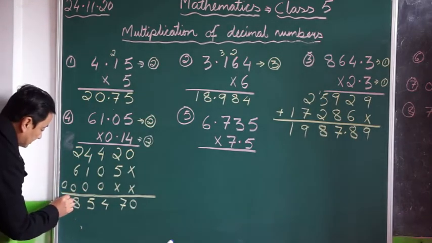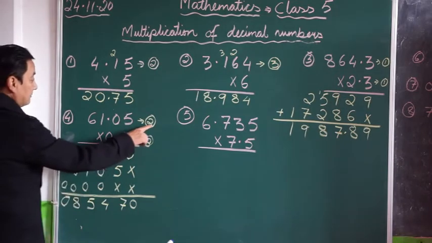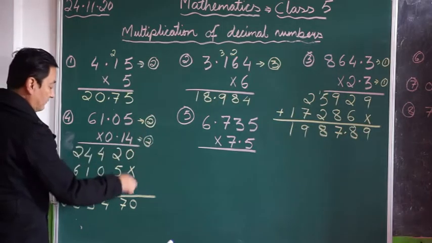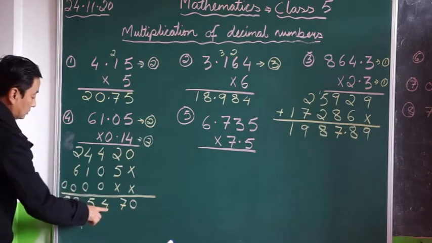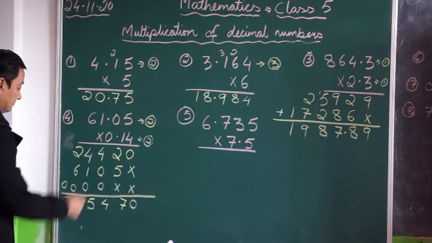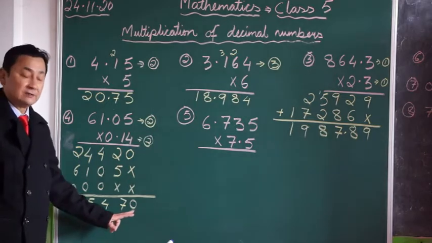Or we can put this 0, it doesn't matter. So how many places of decimal? On top 2, bottom 2. 2 plus 2 4. 1 2 3 4. So when we multiply these two numbers, we get 8.5470.